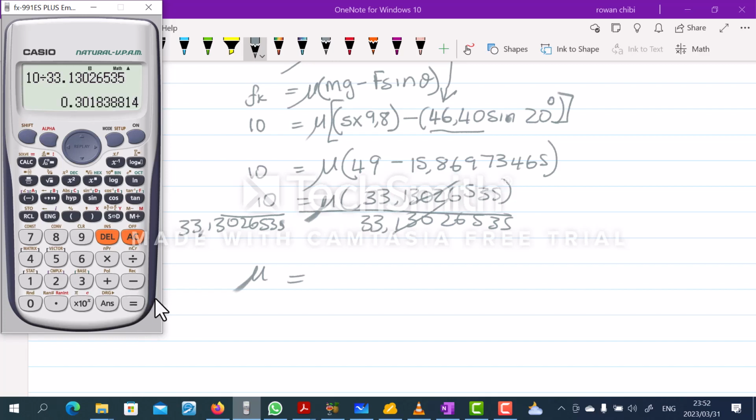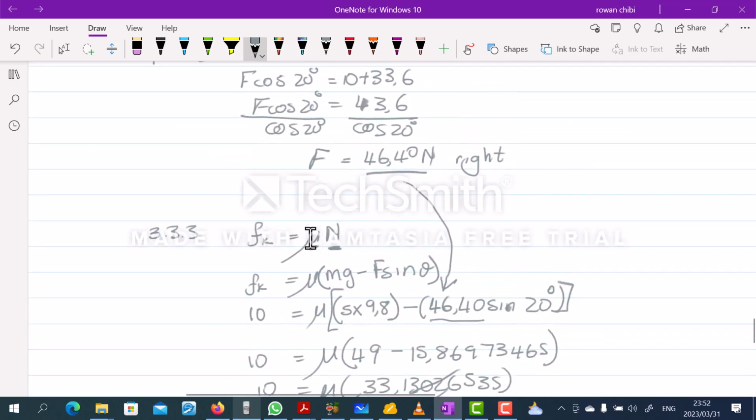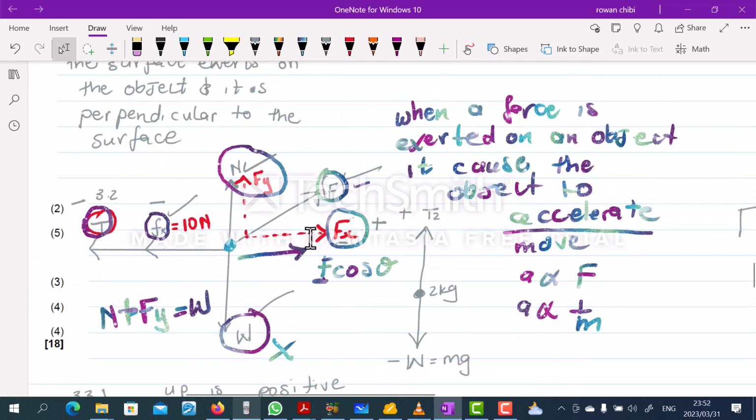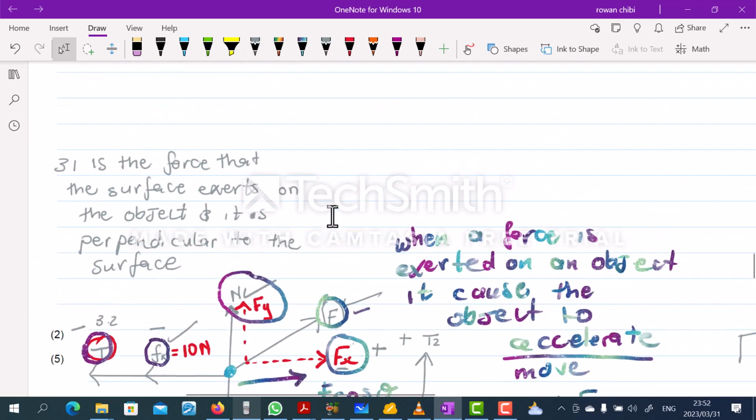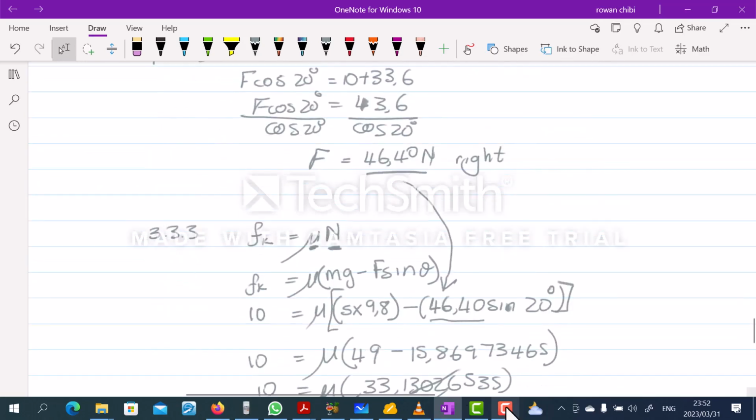Then the correct answer is 0,30. This is the correct answer. Now, that is the kinetic coefficient of the surface. Okay, that's the end of our question. Then I guess I will see you in the next question, in the next video.